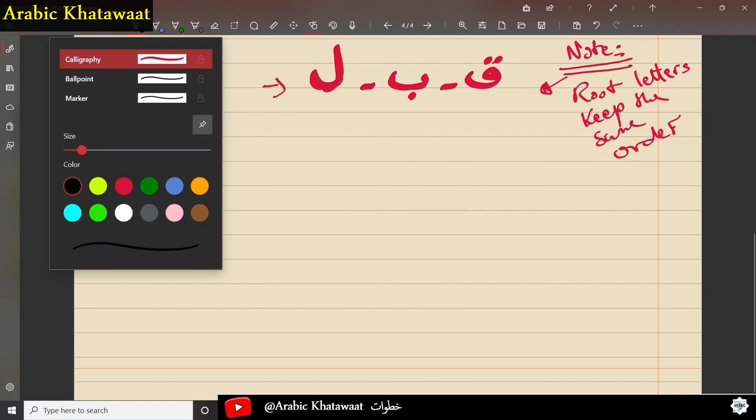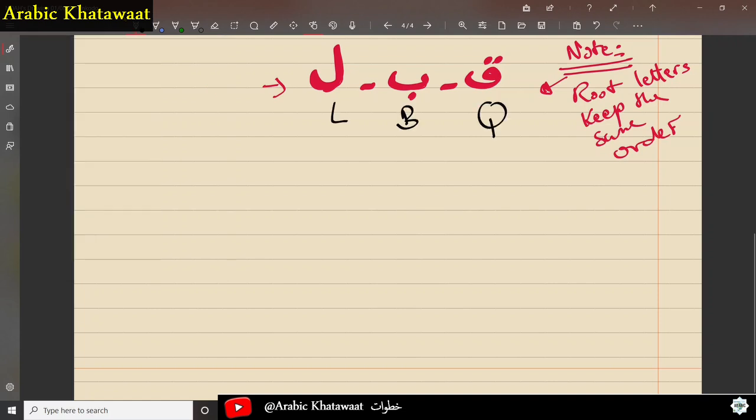No short cases, just the sounds. Qa, ba, and la. So the word, I'll write these, and then I'll write this one. Qabla. And this says qabila.